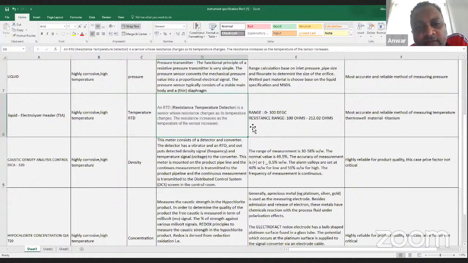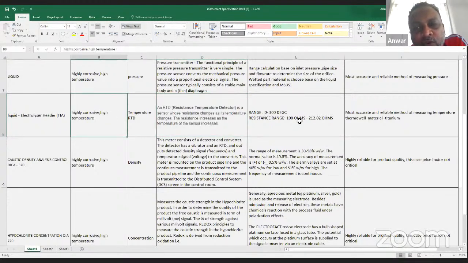The cost, yes, is double the cost of the existing RTD, but the reliability is actually more than double that of the earlier RTD that we used.